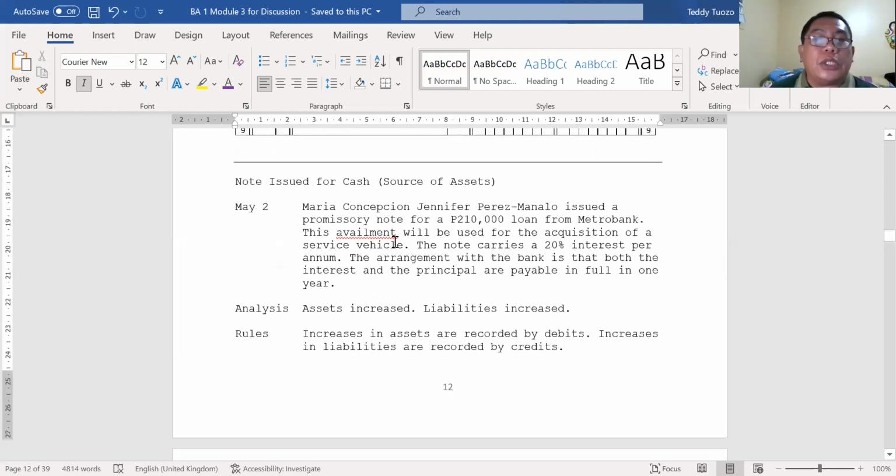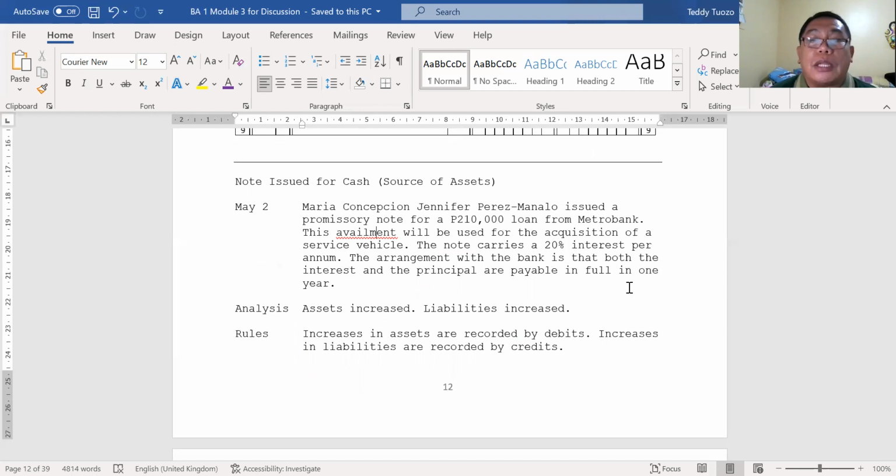Next, note issued for cash. So you have there, Maria Concepcion Manalo issued a promissory note for a 210,000 loan from Metro Bank. This availment will be used for the acquisition of a service vehicle.